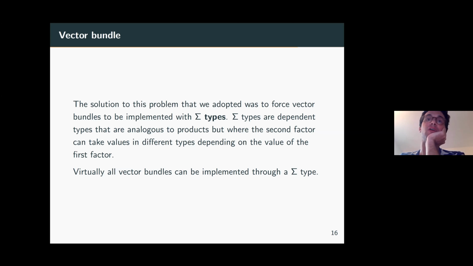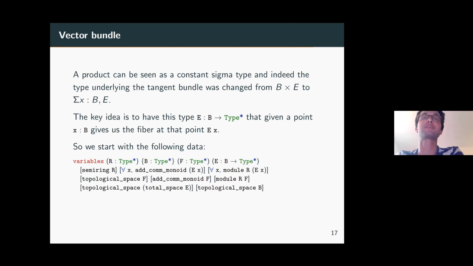And the idea to solve the problem of the first implementation was to think about another implementation of vector bundles where we actually use this fact that most vector bundles would have been implemented through sigma types, and to put a constraint on the form of a vector bundle, and to ask that the vector bundle is formalized as a sigma type.